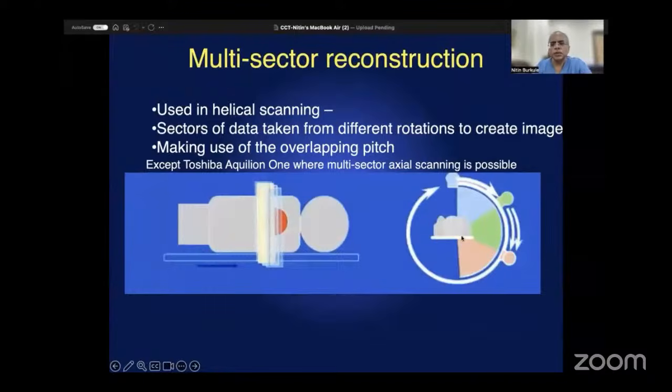Like here, this 180 degrees, 60-degree data you acquire in one cardiac cycle at that particular phase. And similarly, at the same phase in the next cardiac cycle, you acquire the next 60 degrees and then the next 60 degrees. Then theoretically, you are improving on the temporal resolution by reducing the time of scanning to almost one third. So this is called multi-sector reconstruction.